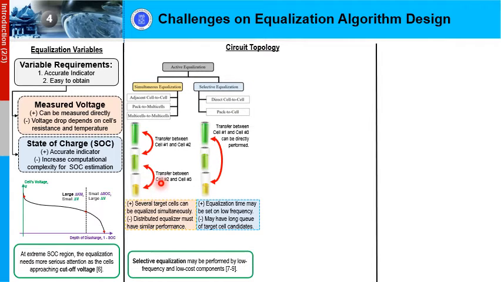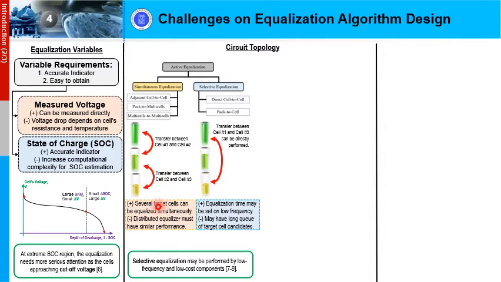Second, the circuit topology may implement simultaneous equalization or selective equalization. In simultaneous equalization, several target cells can be equalized at the same time, but it requires similar quality of distributed components.